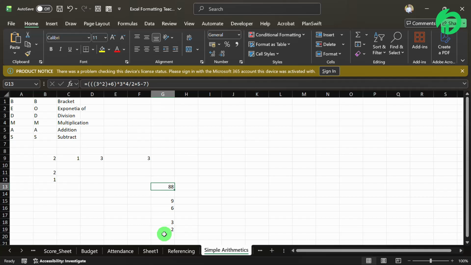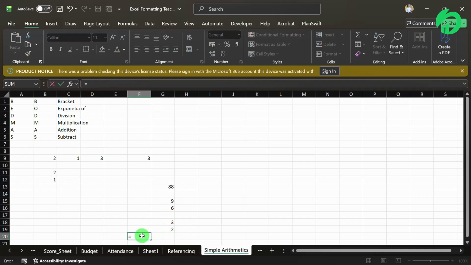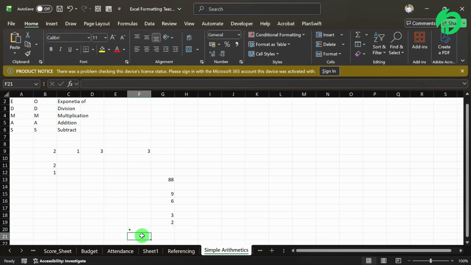Plus 5. Put your plus here. And then put your minus here, because subtraction is the last one. Plus 5 minus 7.